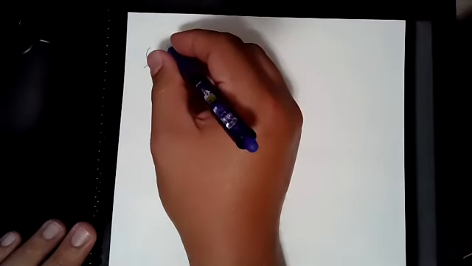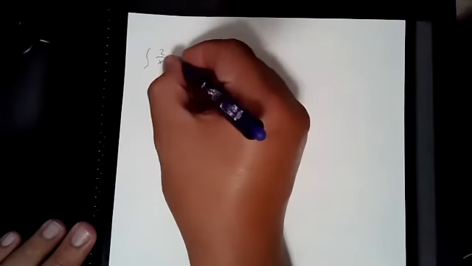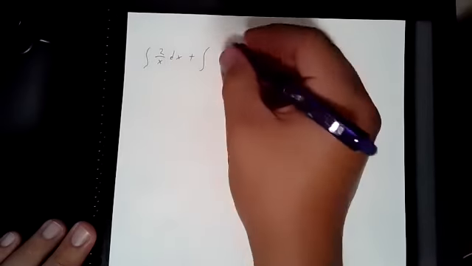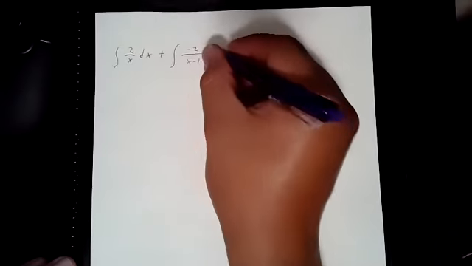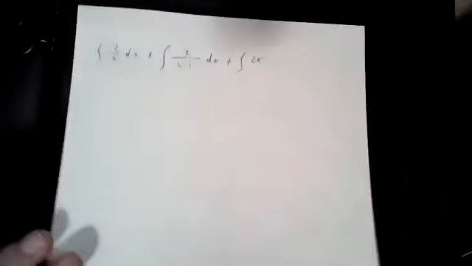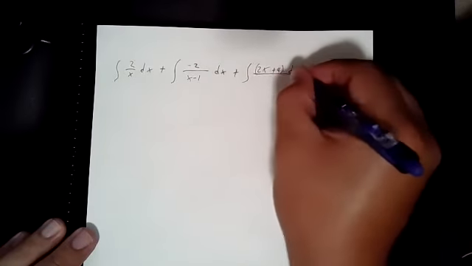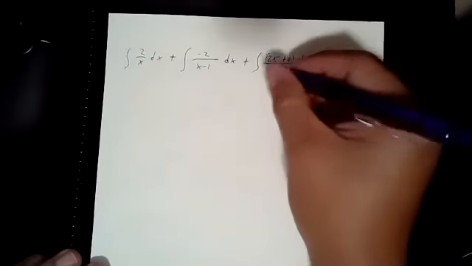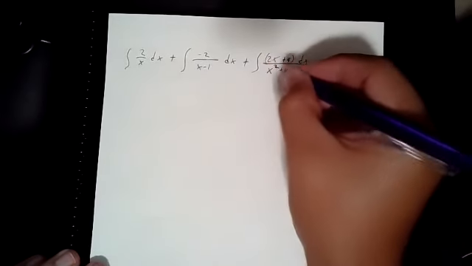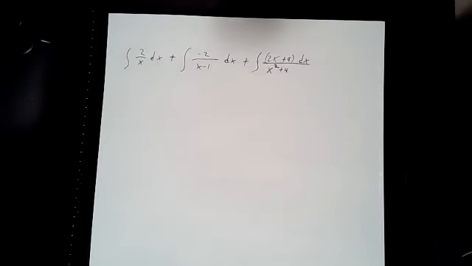So that was 2 over x dx plus, I forgot, negative 2. All right.